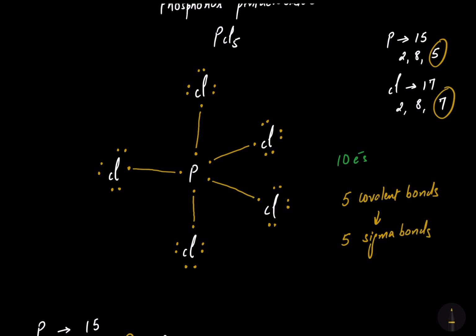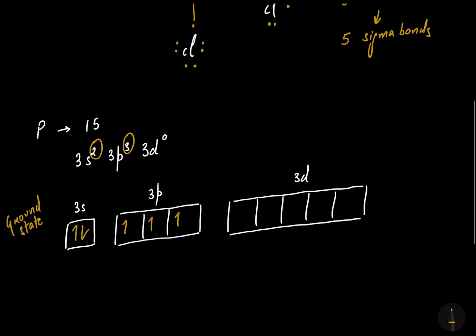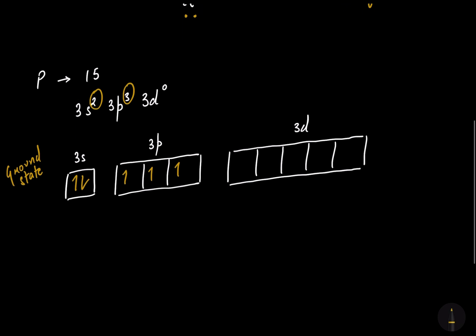So as phosphorus is forming 5 sigma bonds, that means in phosphorus there must be 5 atomic orbitals containing 1 electron each, so that these 5 orbitals of phosphorus will overlap with the orbitals of the chlorine for the formation of the sigma bonds.